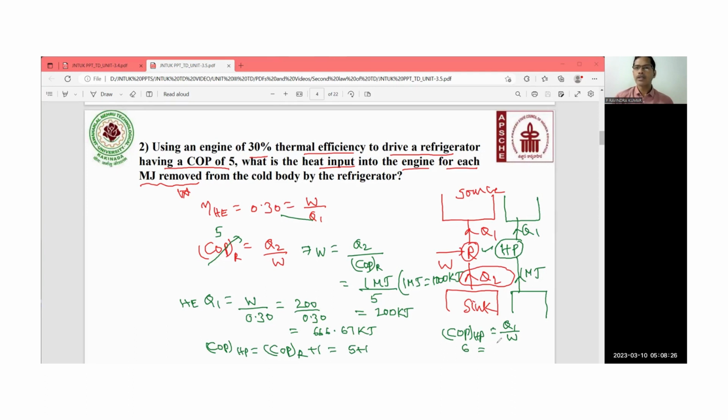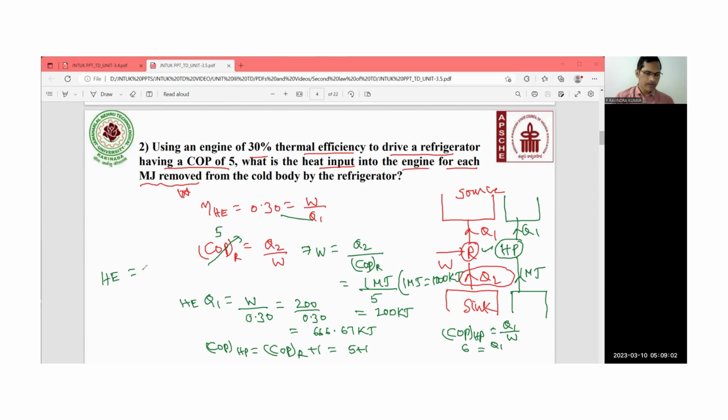And what you are going to do here, what about the work? That is Q1 divided by W. What is that particular W here? The work output. So what is the work output you will get? You have to calculate that particular work output for a heat engine.